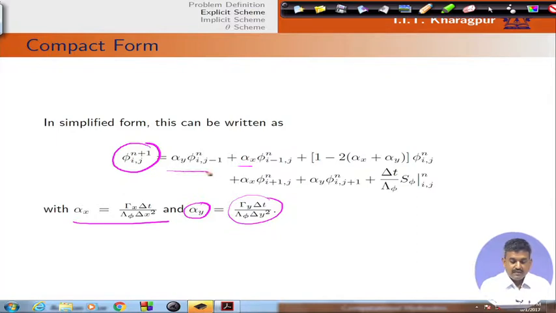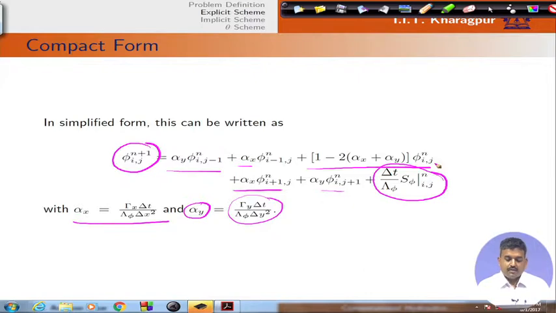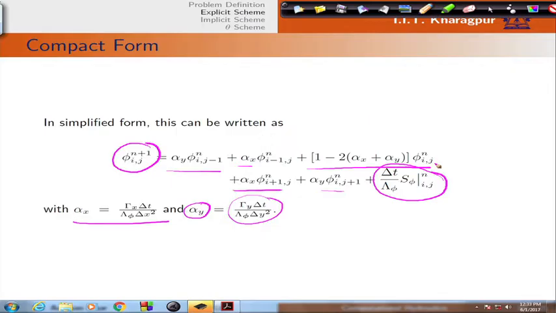So, with this, if we write the right hand side, so we have all values known. So, now we can try to get the information about the future time level value with the available values of the present time level.